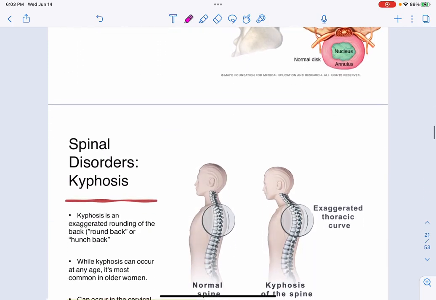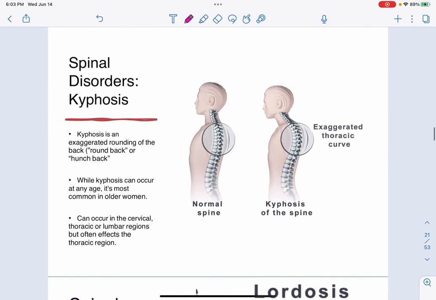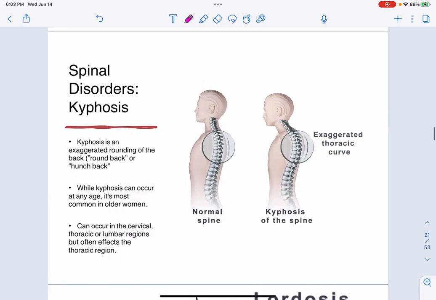All right, there are a few spinal disorders that are worth noting since we're talking about the vertebral column. And the first one I will talk about is something called kyphosis. So kyphosis is a thoracic curvature. All right, that's what is showing you here. So this is when the area of the thoracic region pushes out posteriorly.